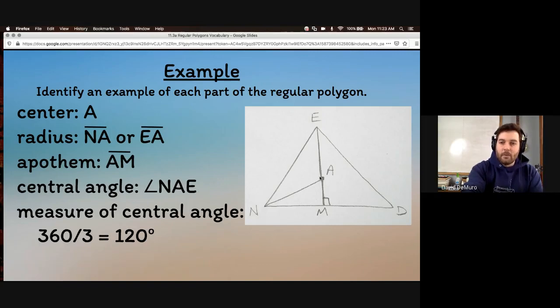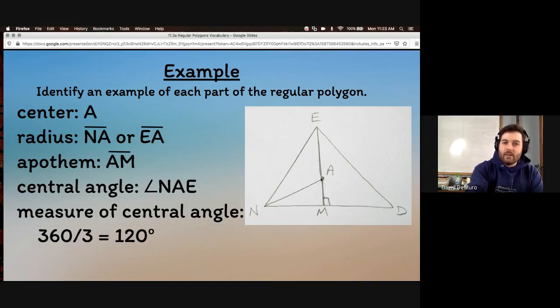A couple of different radii you could identify would be segment NA or segment EA, because those both start at the center and end at a vertex. So those are both radii. The apothem here starts at the center and goes to the side at a right angle, so that would be segment AM.